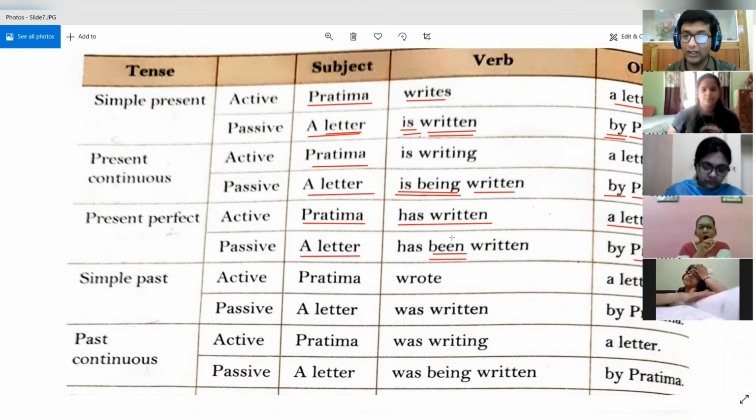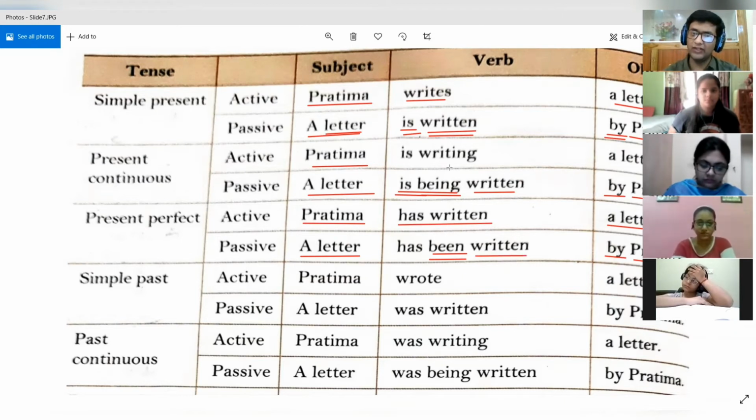So you need to understand and learn these forms. Otherwise, you will make a lot of mistakes in conversion. So this be form of verb is a bit tricky for you. Otherwise, all the other things are quite simple, because you just have to exchange the places of the subject and the object. You have to insert by before the object in the passive voice, and you have to use the third form, always the third form.